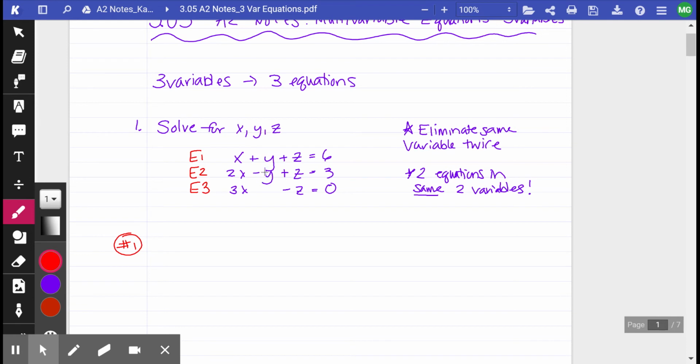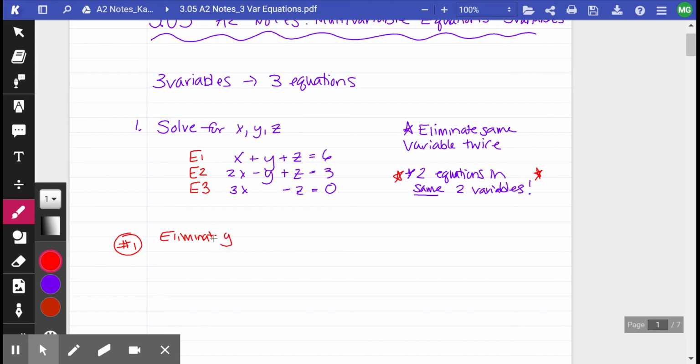So it would be very easy to eliminate y. Equation 3 actually only has two variables. So if I can eliminate y from equations 1 and 2, I would have another equation in just x and z. Again, I want two equations in the same two variables, just an x and a z. So the first thing I'm going to do is eliminate the y.